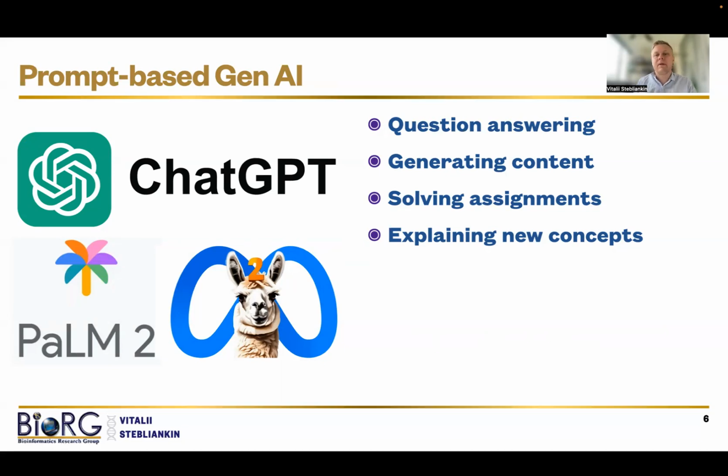So the next application is generating content. I used it myself to write research articles, for example. I still create the original content from my head, right?